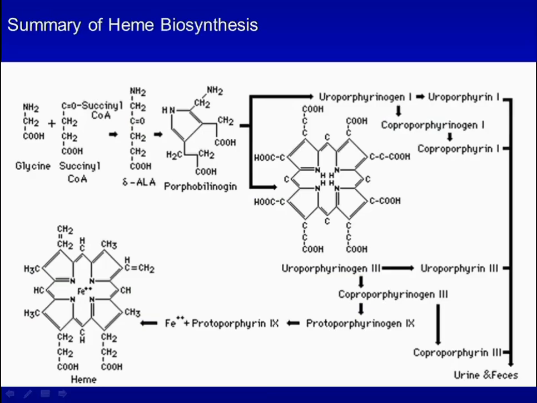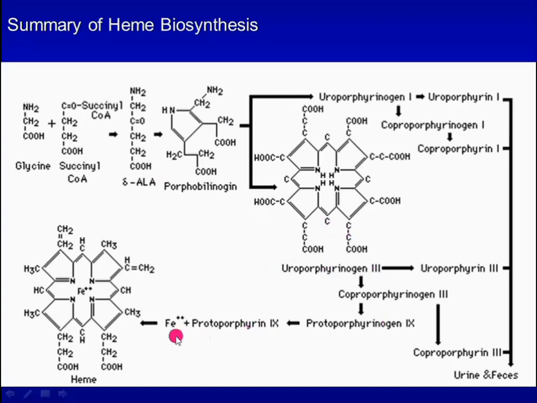Here is a summary of heme synthesis. The first two steps lead to formation of porphobilinogen. In the next two steps, 4 molecules of porphobilinogen are converted to uroporphyrinogen 3 with formation of the first tetrapyrrole ring. In the next several steps, uroporphyrinogen 3 is converted to protoporphyrin 9.